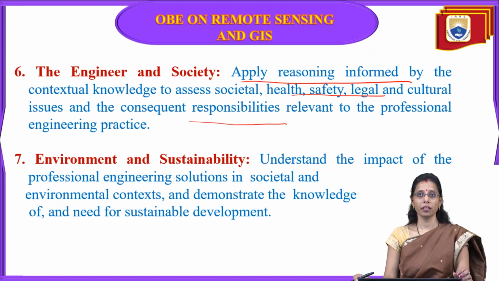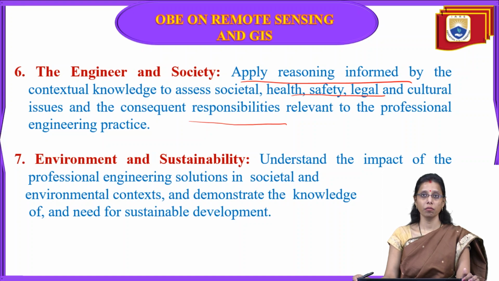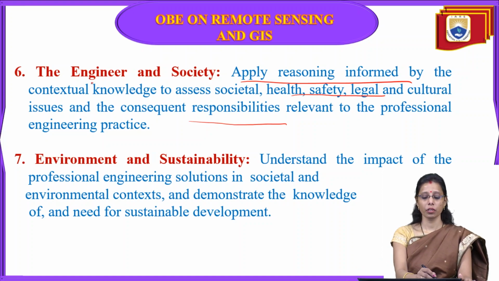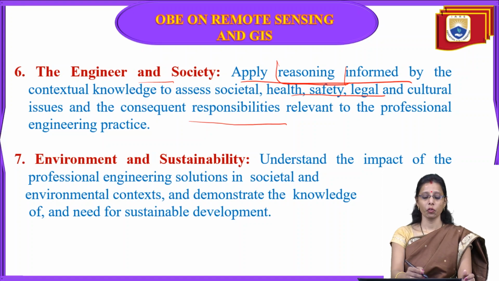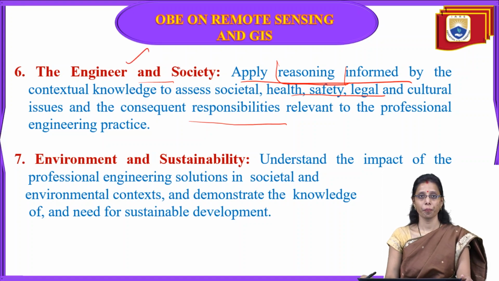So here we apply the reasoning, the knowledge, and the professional issues or consequent responsibilities relevant to professional engineering practice. Courses which have the reasoning part or contextual knowledge, with societal health and safety and legal and cultural issues, will be mapped to engineer and society.